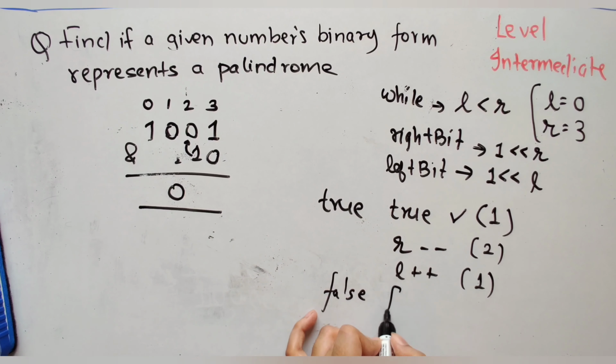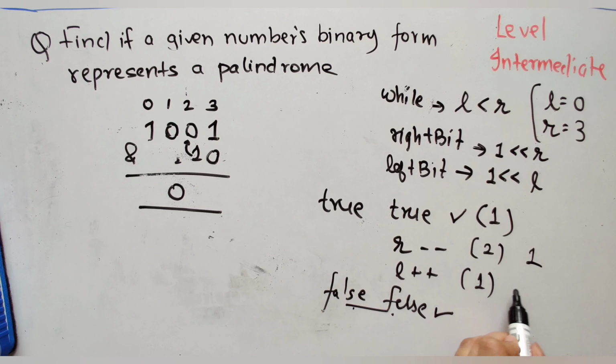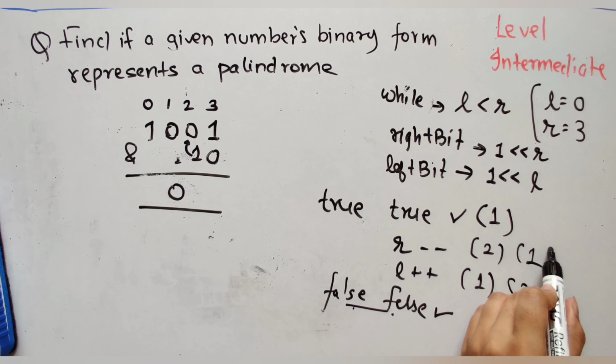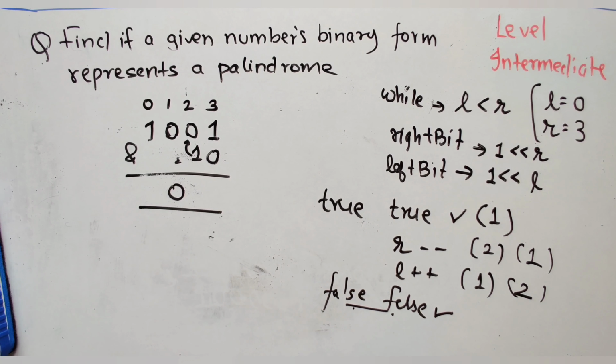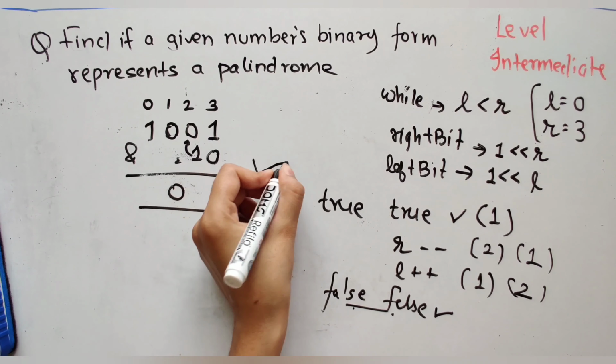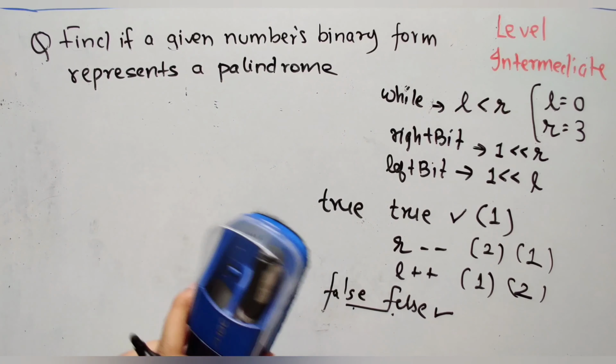So this is also going to return me false, right? Both return false. If both are same, again I'm going to move forward. Now my r will become 1, my L will become 2, right? L is not less than r, so you stop. So far everything was good, so you will return that it's a palindrome. We'll take another example that is not a palindrome and then see what happens.